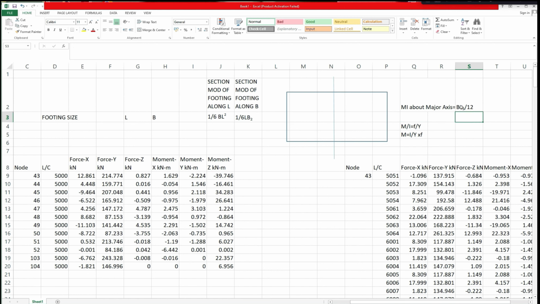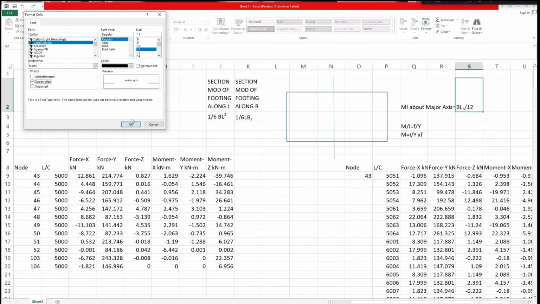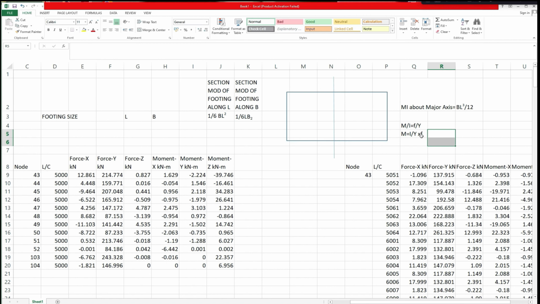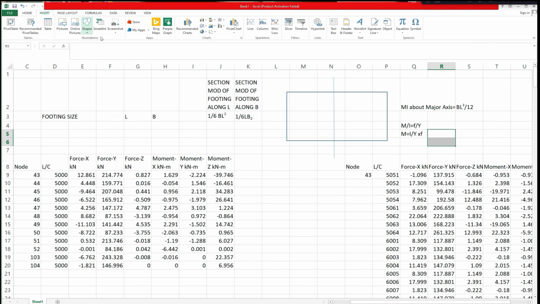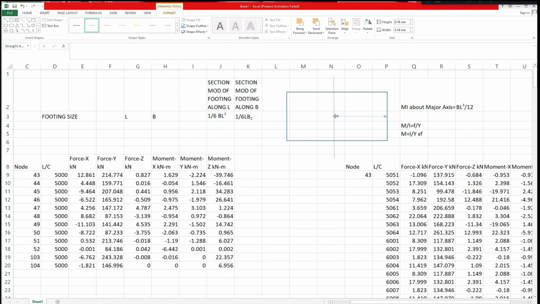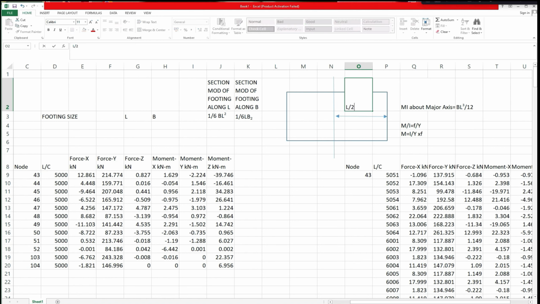So this is BL cube by 12. What is the maximum distance of the extreme fiber? This is equal to L by 2.